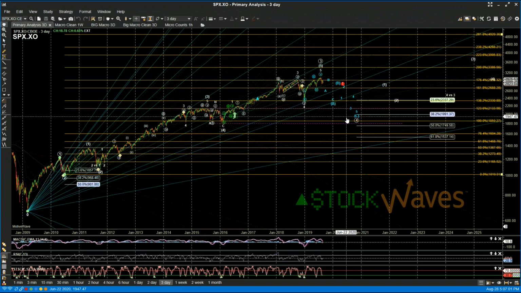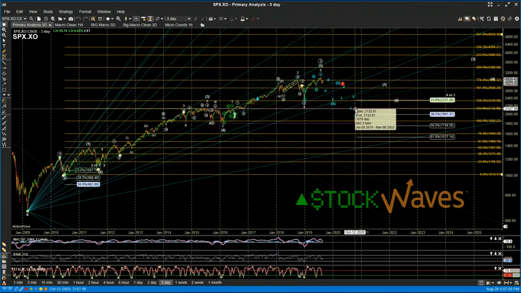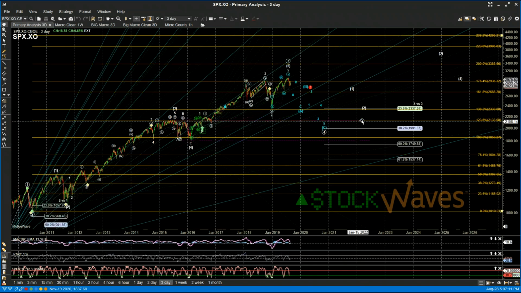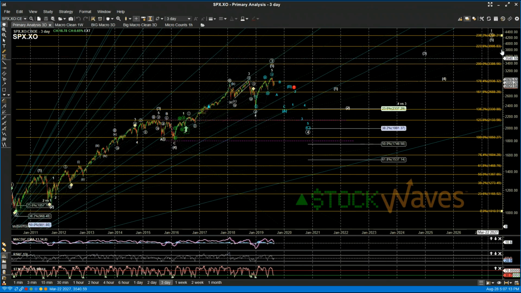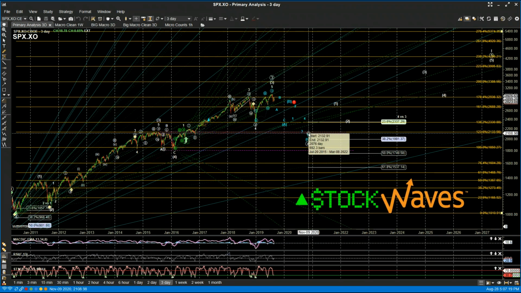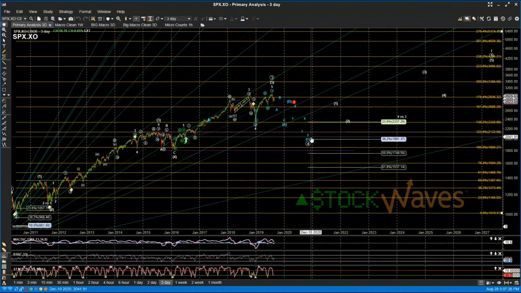We had a long discussion about the ideal support levels for this primary degree wave 4 based on a lot of the guidelines that Elliott Wave gives us for fourth waves, and why this 2130 region is such a great confluence between all of those, basically 4 different guidelines for where a fourth wave should hold.